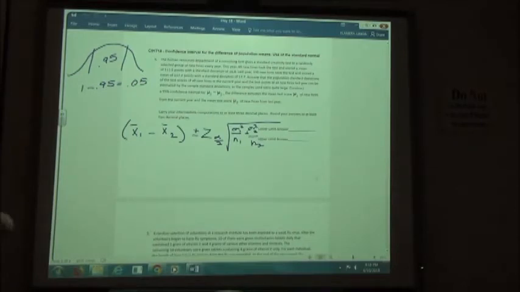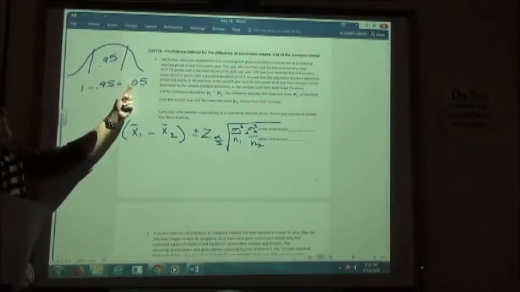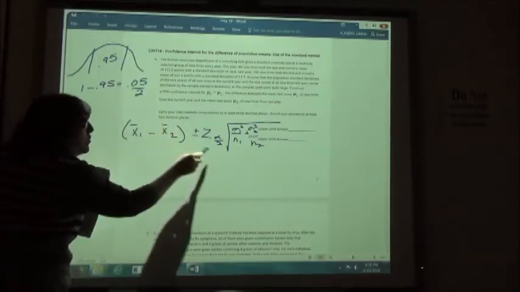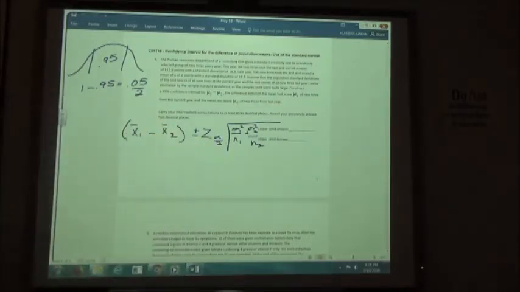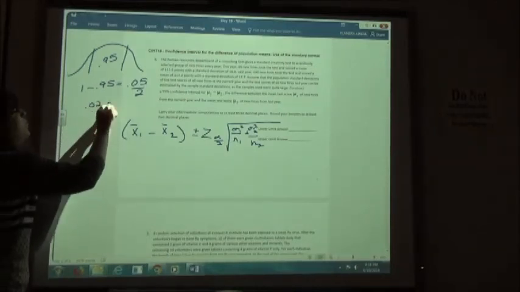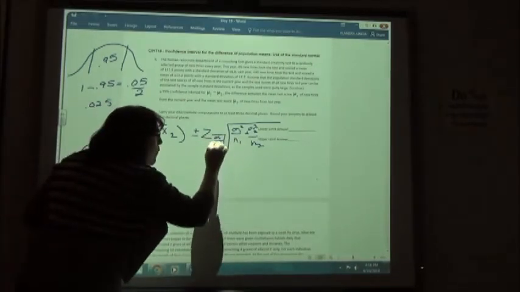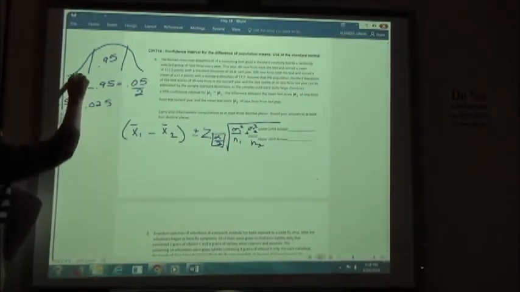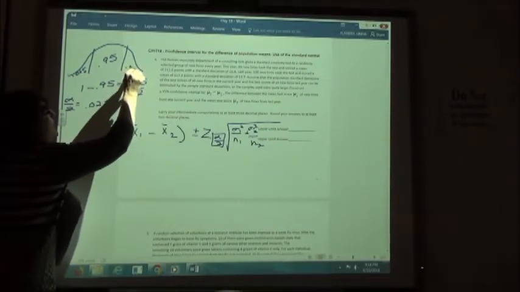But since I have two sections, I then end up dividing by 2, and that's why they give you alpha over 2, because I have those two sections. So I'm going to use 0.025 for that. This is 0.025, this is 0.025.